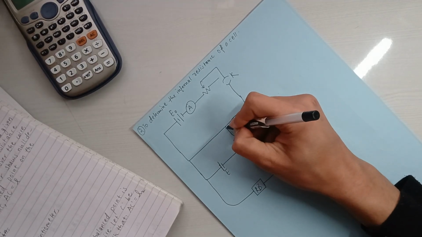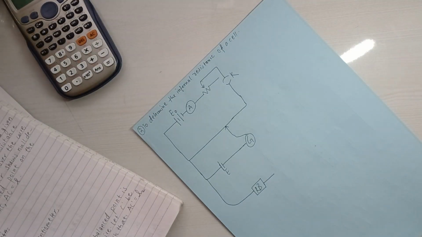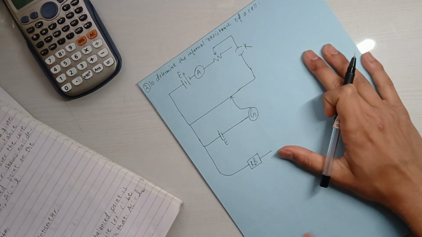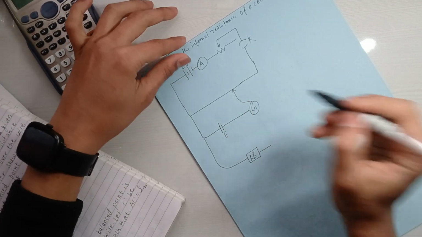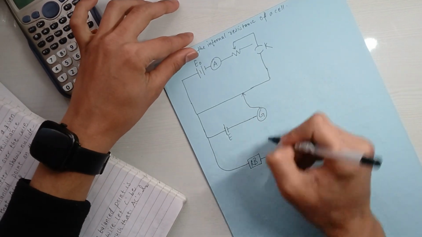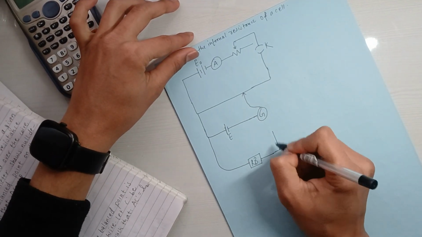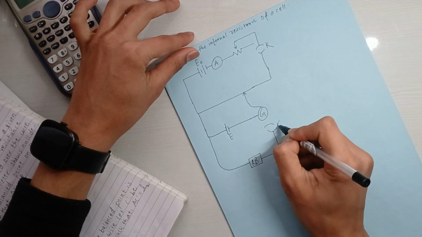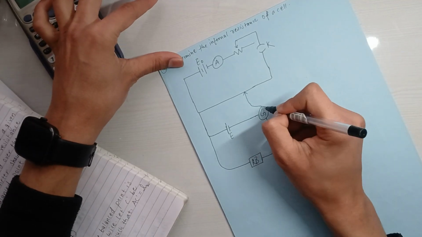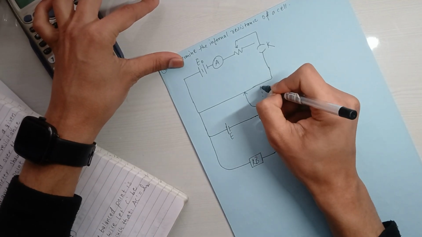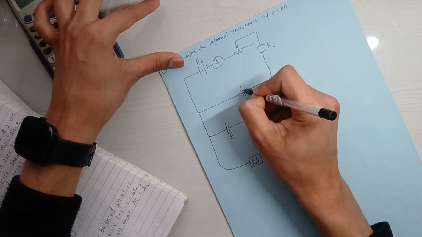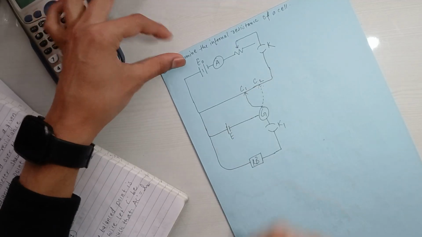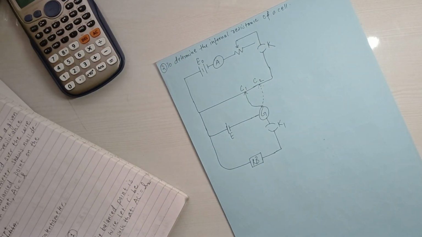Key, with this being primarily right here, and after here there is a key K1, just like that. That is the circuit diagram required.